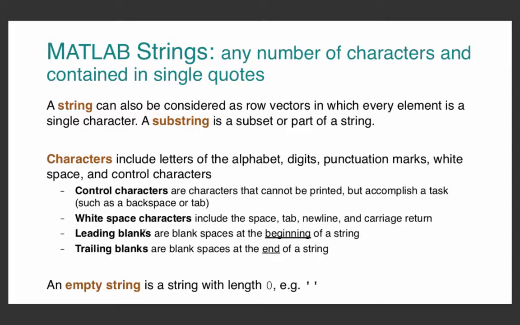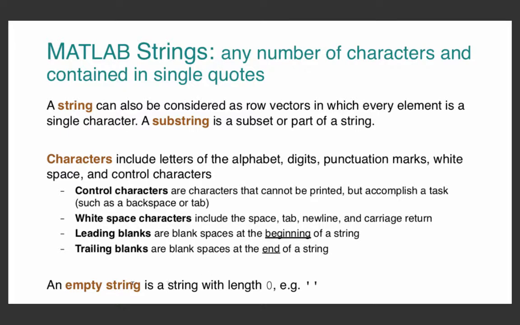I'm going to use these terms: leading blanks, which are blank spaces at the beginning of a string. So you might have 5 spaces, then hello world, and those 5 spaces at the beginning would be called leading blanks. Trailing blanks are blank spaces at the end of a string.